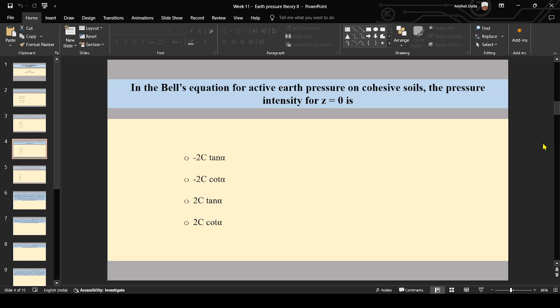Again, in this question also, C refers to the cohesion of the soil and alpha is the failure angle, or the angle made by the failure plane with the plane of the major principal stress.